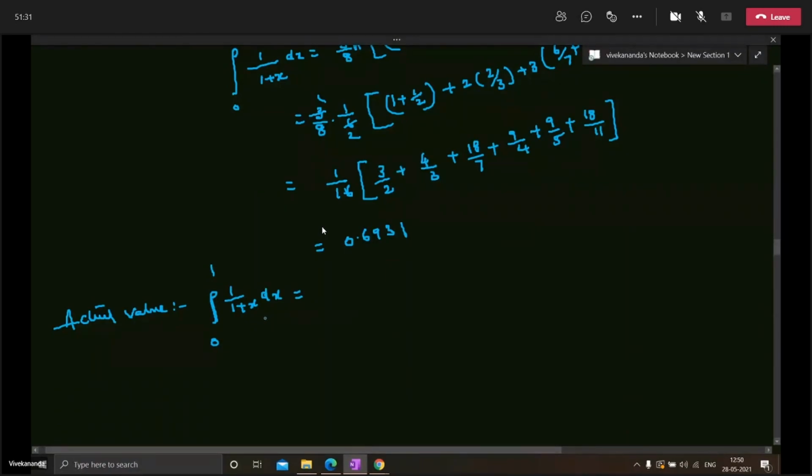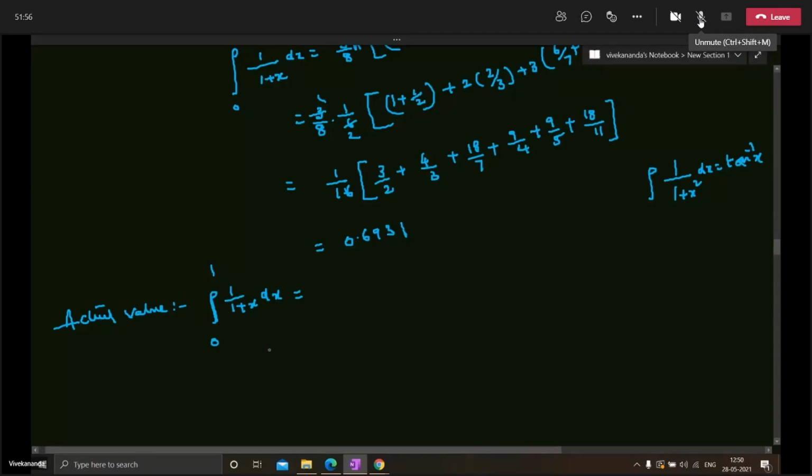Anybody? Tan inverse x. Tell me. Tan inverse x. The integration of 1 by 1 plus x square dx is tan inverse x.